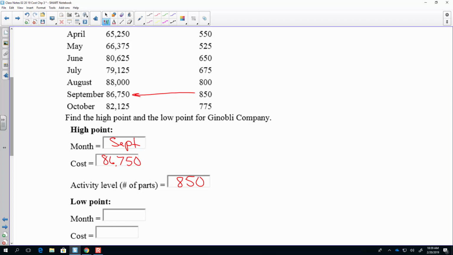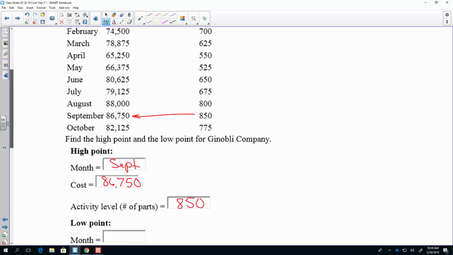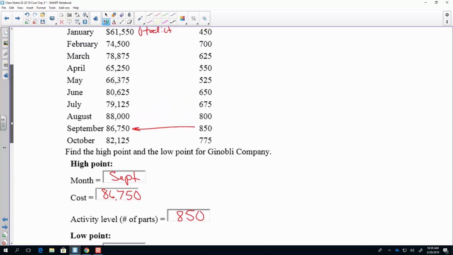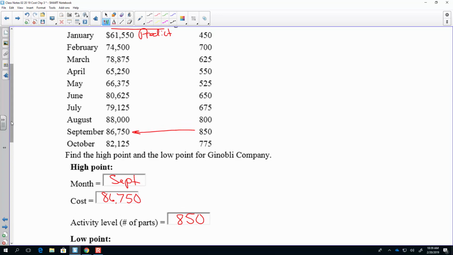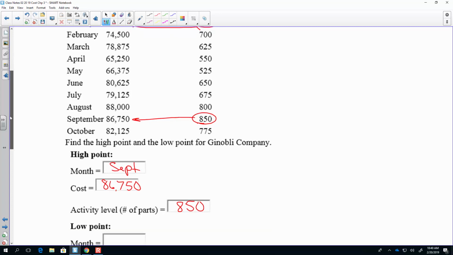Low month is January at 450. So the X's are used to pick the high and the low points. January is at 450.